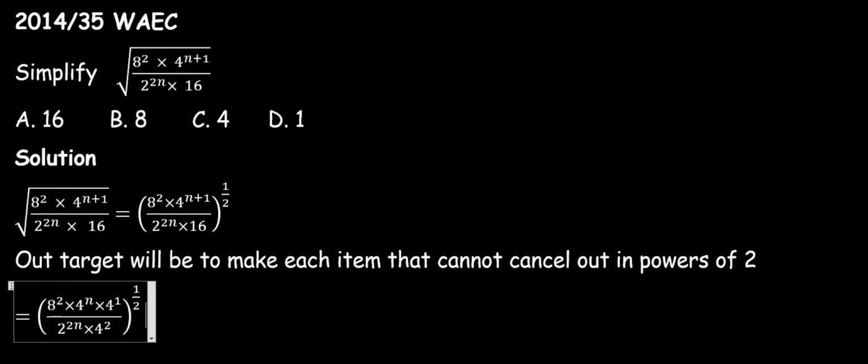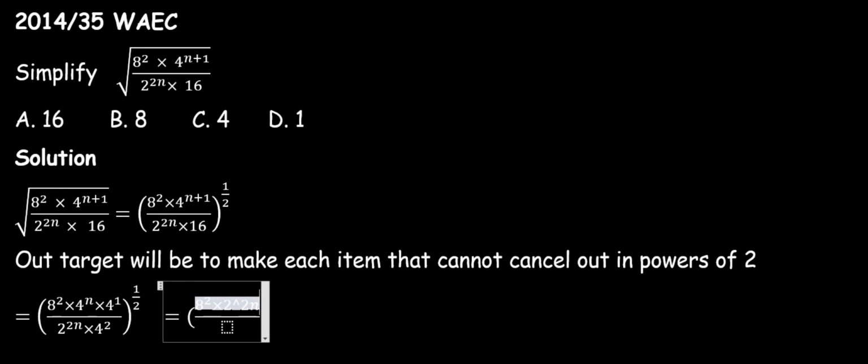And that will give us 8 squared times 2 raised to power 2n. We are seeking to raise everything inside the bracket to power 2, times 2 raised to power 2. Then the denominator still remains 2 raised to power 2n times 4 raised to power 2.